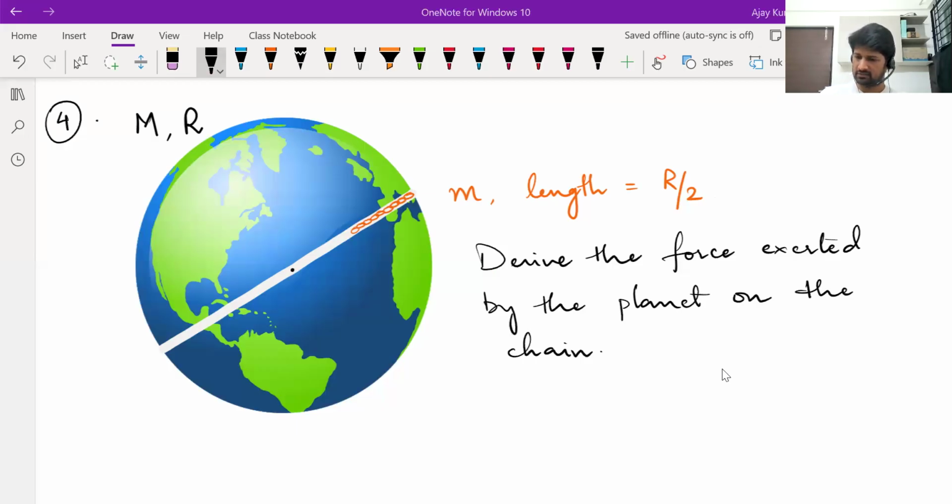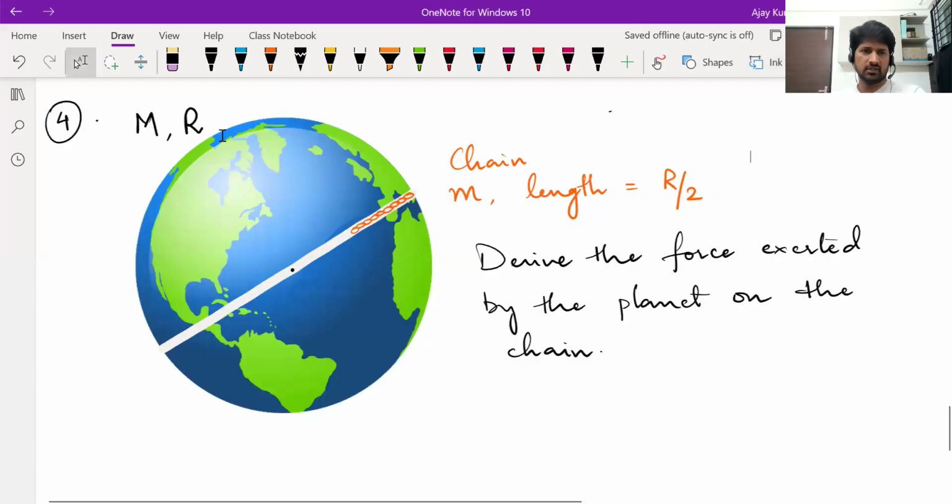Have I given all the necessary information? Mass of the chain is given. Length of the chain is given. Yes. Answer will be in terms of capital G, capital M, small m, and of course R. Okay, listen all of you. Let us do some qualitative analysis also.